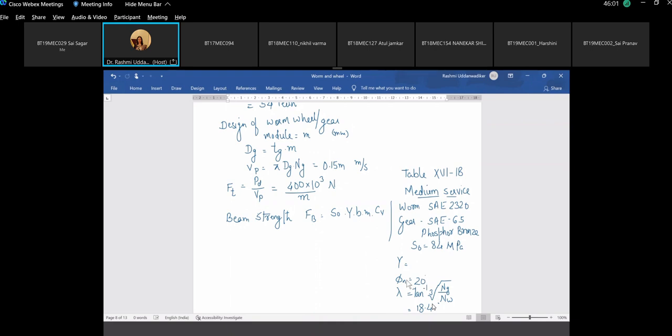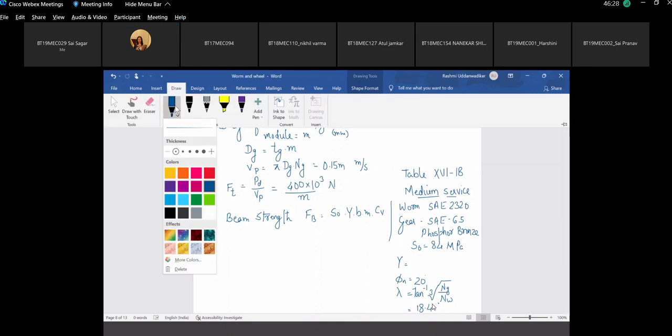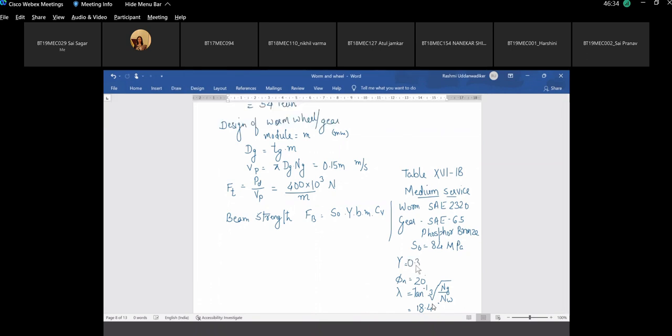And now the value of y, the Lewis form factor, is given as 0.314 plus 0.0151 phi n minus 14.5, again given on table 1615. So we have to turn the pages, table 1615, table 1616, table 1617. It's 0.314 plus 0.015 phi n minus 14.5.